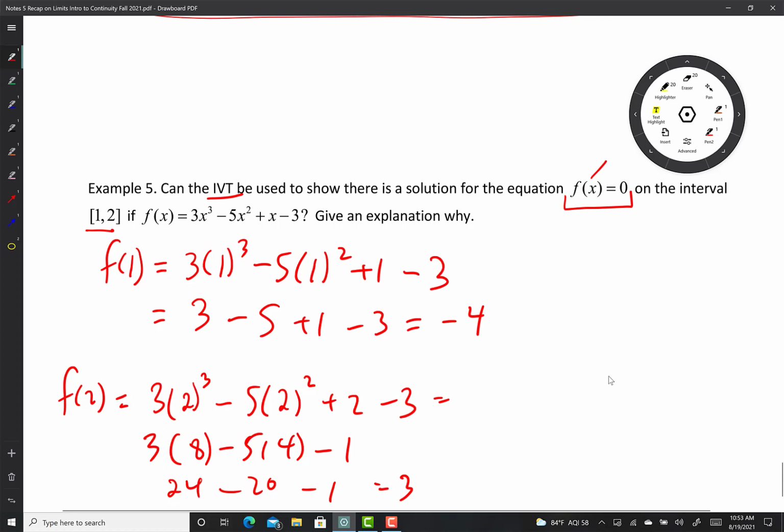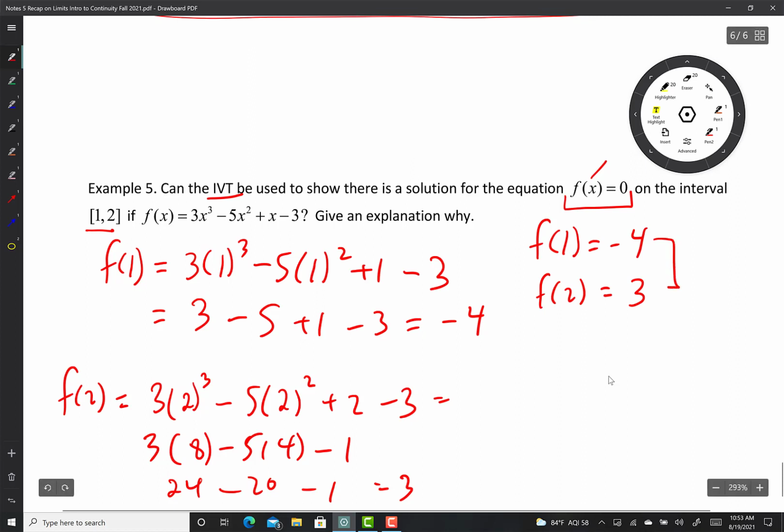Okay, so now check this out. If at 1 I was at negative 4, and if at 2 I was at positive 3, do I have an x value somewhere between 1 and 2 in which f of x is equal to 0? What do you guys think? They're telling me it's continuous. Yeah, so you're going to go from negative 4 to 3. Perfect.